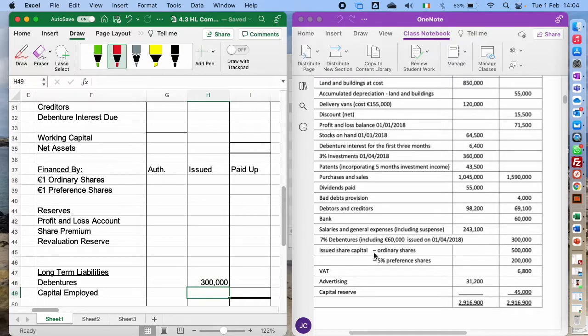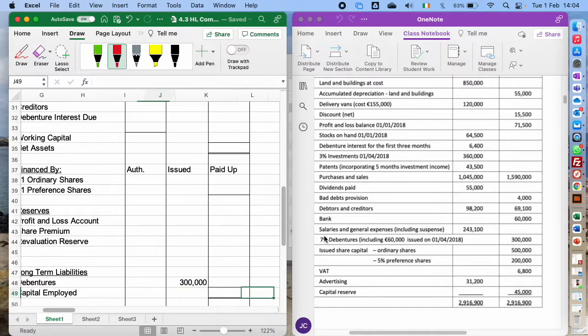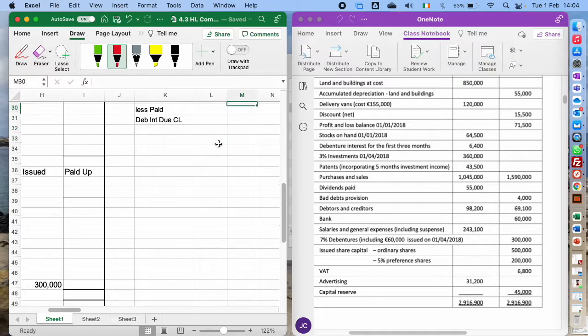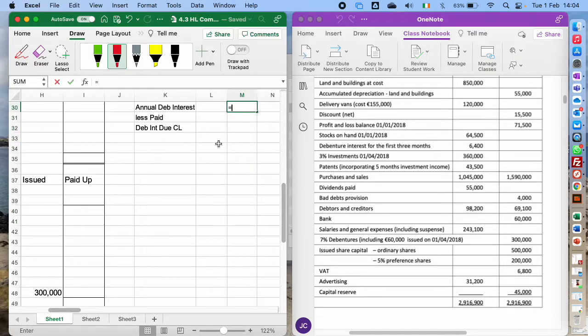And that includes 60 grand on the 1st of the 4th. So my debenture interest is going to be 240,000, because that's the debenture I had from the beginning and I still have. Multiplied by 7%. And I had that for a full year.